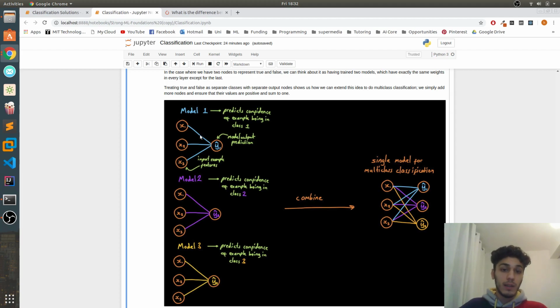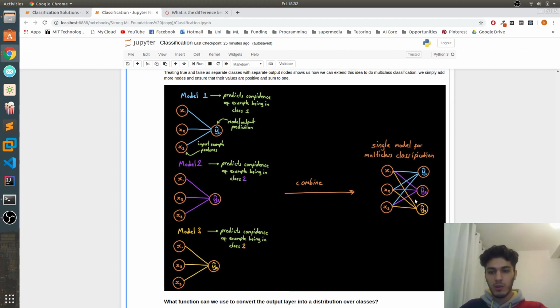What would happen here is our x is a vector, our weights are a vector, and when we multiply those two vectors, we get a single output. But what we can do is combine them all into one. So these three weight vectors become these three weights here.